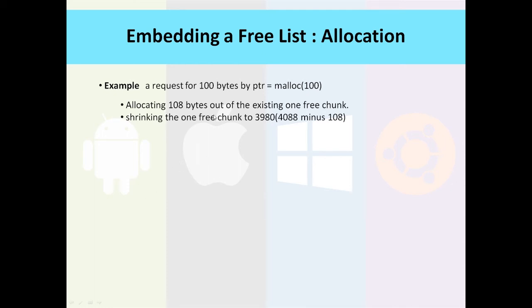Firstly, you're allocating 108 bytes in this case, and I got 108 because my header is hypothetically 8 bytes large, so that's 100 plus 8. Then I'm shrinking our free chunk that was hypothetically originally 4088 in size. We subtract that 108, and that gives us 3980.